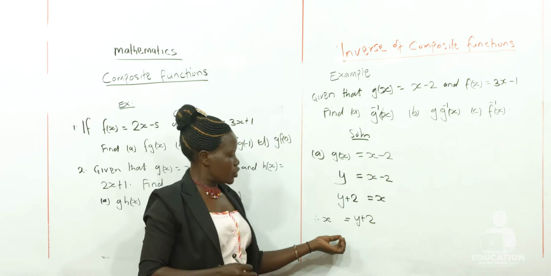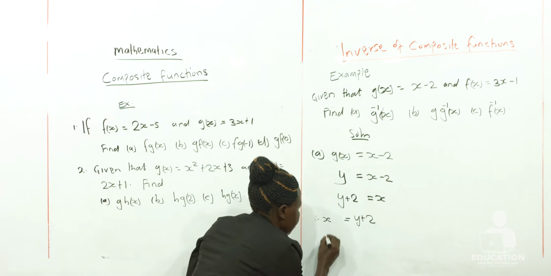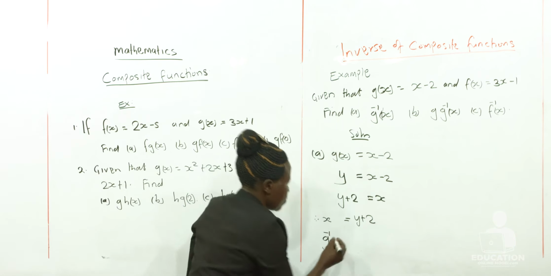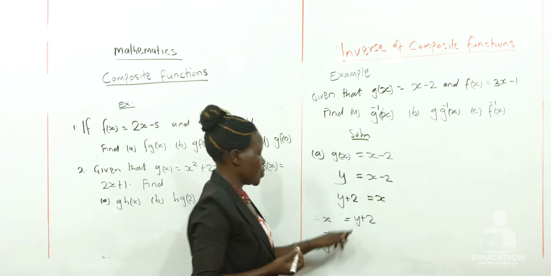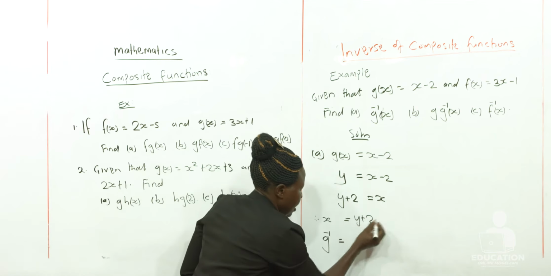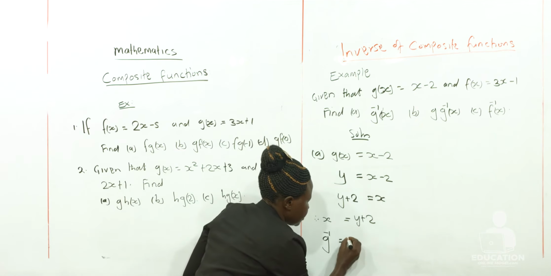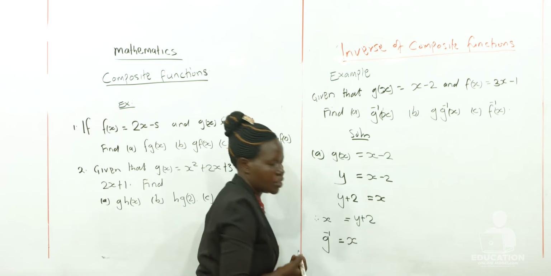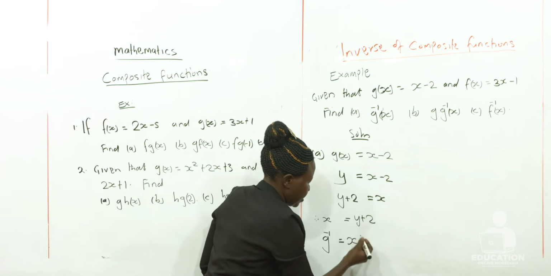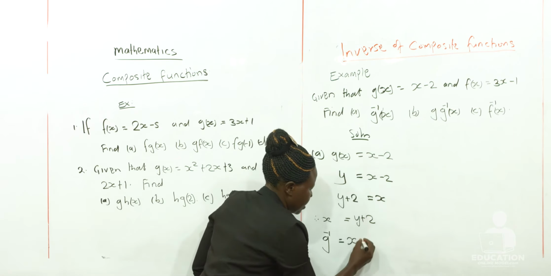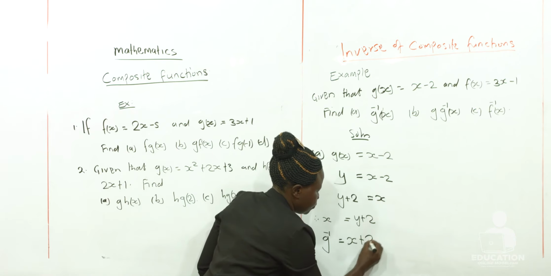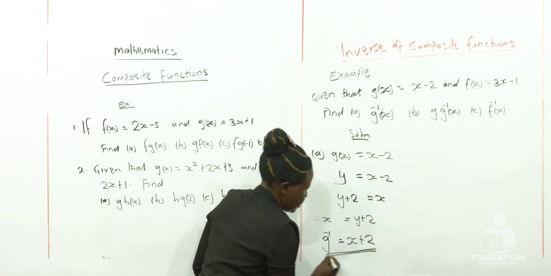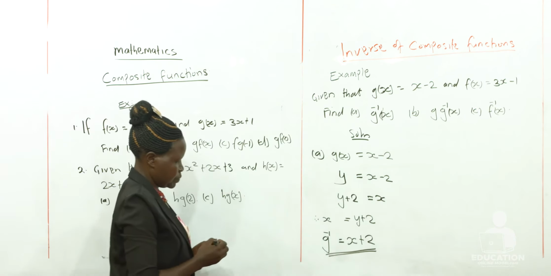Then you rewrite this outcome by saying x will now be substituted by y, and y is substituted by x, and then plus 2. So this is the inverse of that function g.